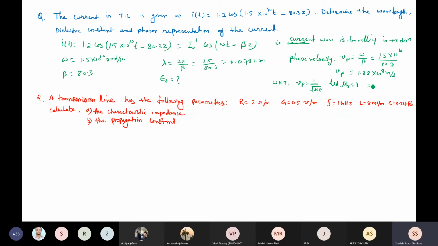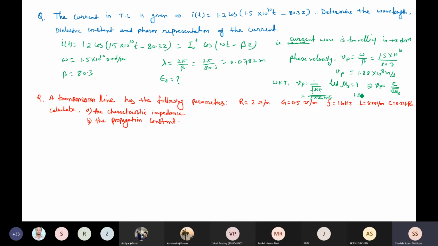So Vp can also be written as C upon square root of epsilon r. Why so? Because this can be written as 1 upon square root of mu naught epsilon naught into mu r into epsilon r. 1 upon square root of mu naught epsilon naught is nothing but C, which is equal to 3 into 10 to the power 8.